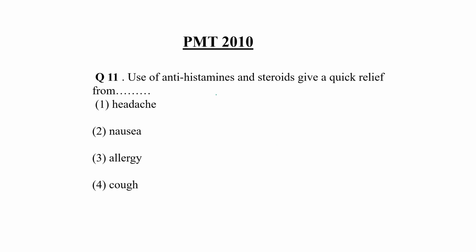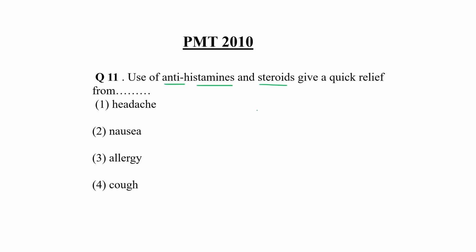Now, use of antihistamine and steroids gives a quick relief from what? Whether it is headache, nausea, allergy, or cough, use of antihistamine and steroid gives a quick relief from.